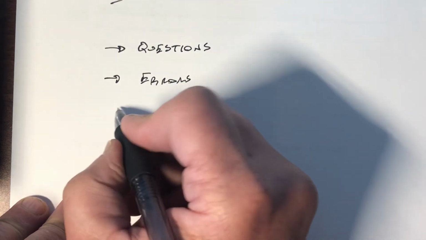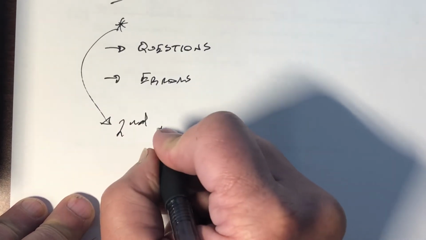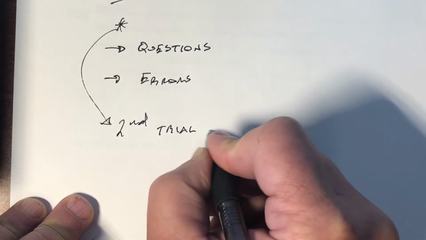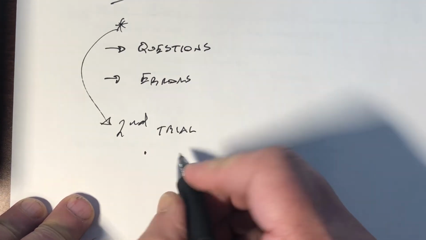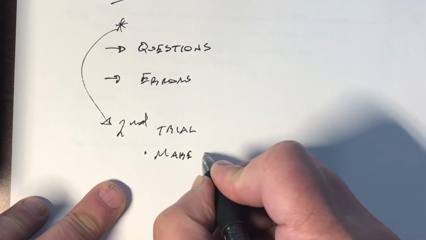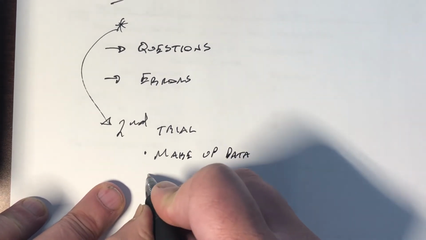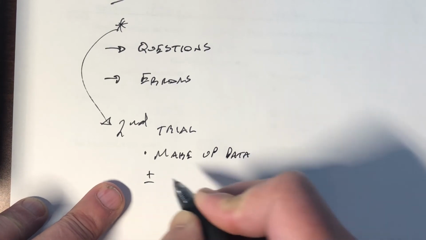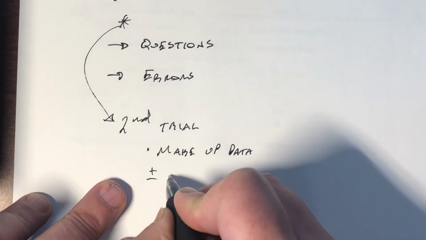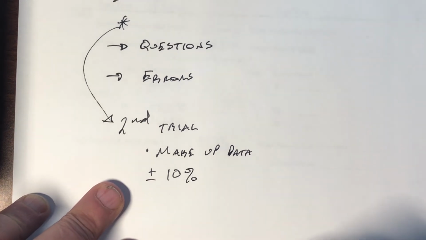And I guess before you do all that, I'll put a little star up here: do a second trial. And with the second trial, make up the data. So go through the data that I gave you, which is reasonably good, and just change those numbers, ballpark by plus or minus 10%, okay?